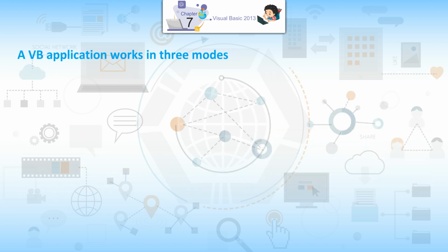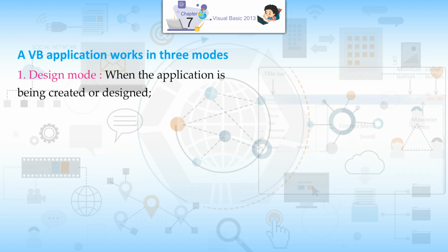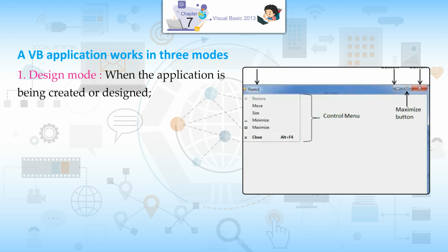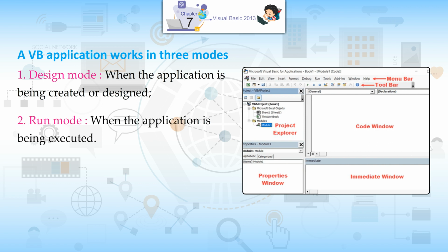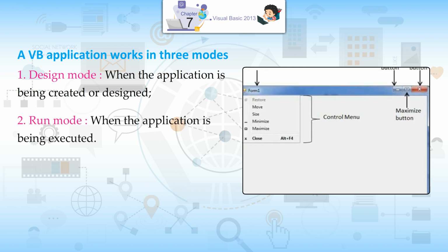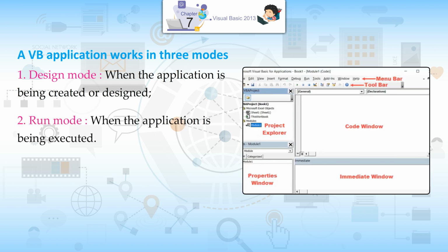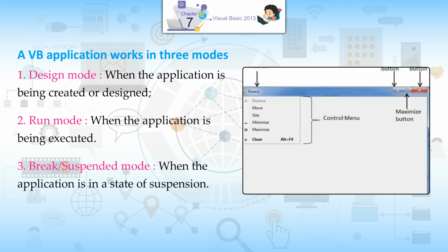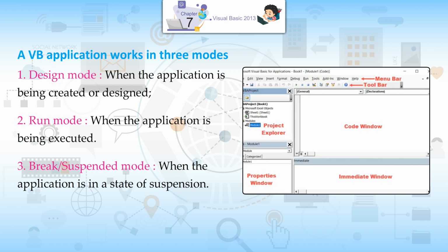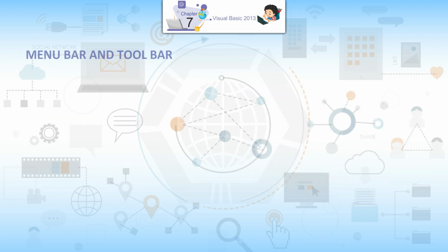A VB application works in 3 modes. First, design mode, when the application is being created or designed. Second, run mode, when the application is being executed. Third, break or suspended mode, when the application is in a state of suspension.